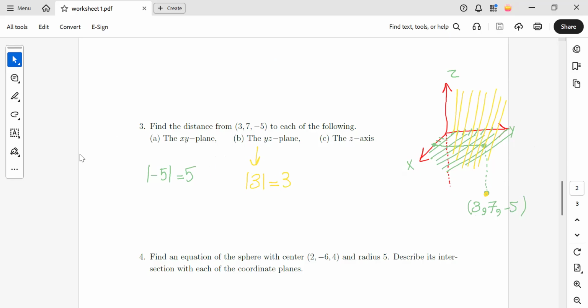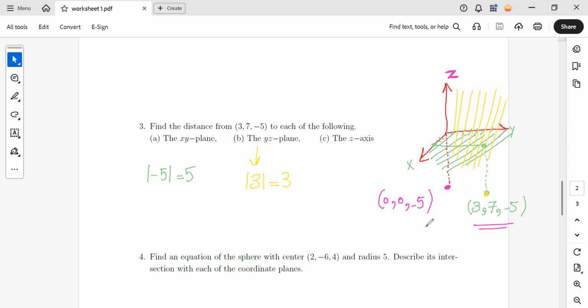The last one is not a plane. That is the z-axis. We know where z-axis is here. And this is the point that we have. So the closest point to z-axis, the closest point to this given point on the z-axis, is the point that has z value but doesn't have x and y value.